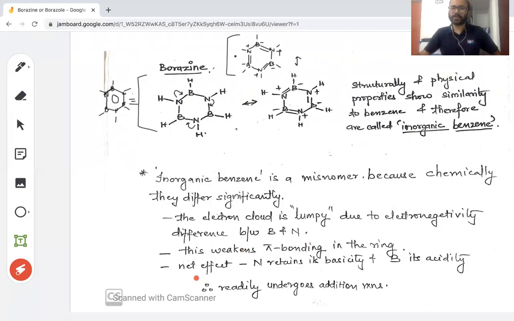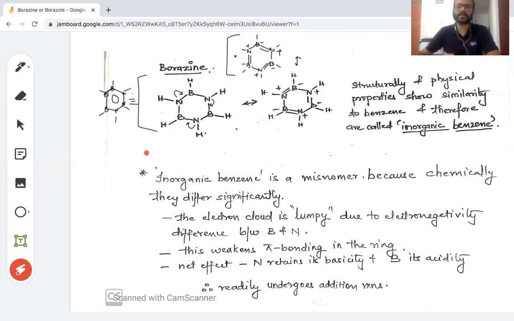Because of the electron-rich center, the electron density over the nitrogen, nitrogens are more basic in nature. Because of the less electron density on boron, they act as a Lewis acid. So because of the electron density difference between nitrogen and boron, rather than undergoing the usual substitution reaction that you find in the case of a usual benzene ring, they will undergo addition reaction.